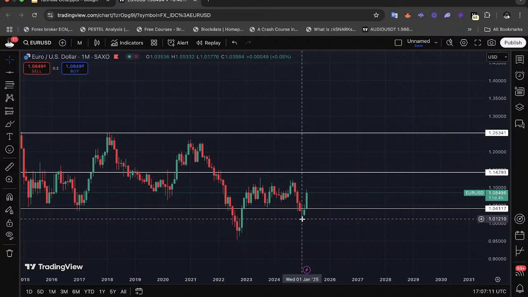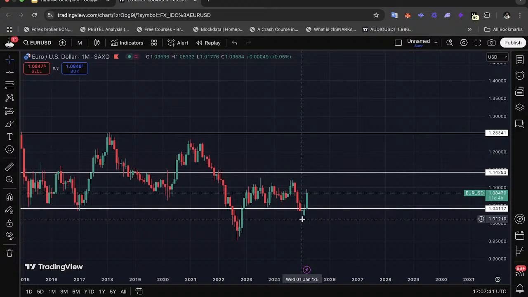All right, a doji at a support level only signals market reversal.